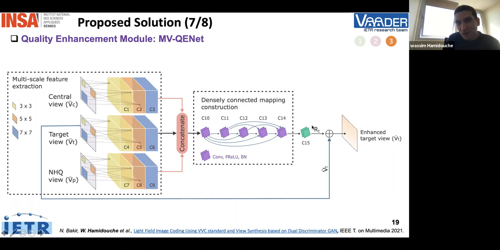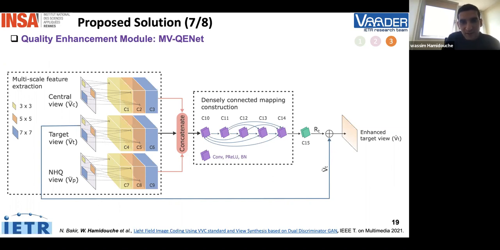And once we have the residual, we add to the residual this target view to construct a target view at higher quality. This network is trained by trying to minimize the difference between this reconstructed enhanced view, and the reference view, like the original view before encoding.